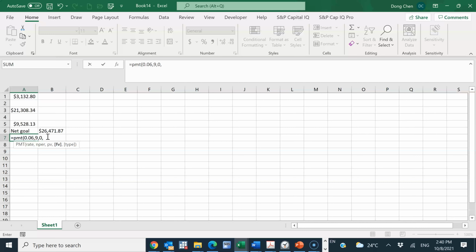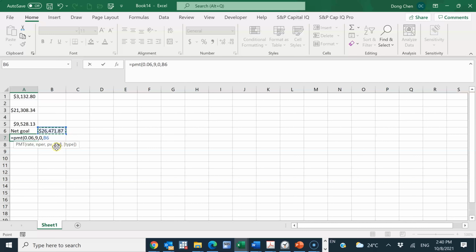Because we know our goal is by the end of the 9th year, the present value here is 0. And future value refers now to the net goal, because that's what we ask the annuity payment to fulfill, right? It's no longer the initial $36,000, because the $8,000 we put in the bank by the end of the 6th year will also work toward our goal. So here, the annuity payment only needs to meet this net goal.